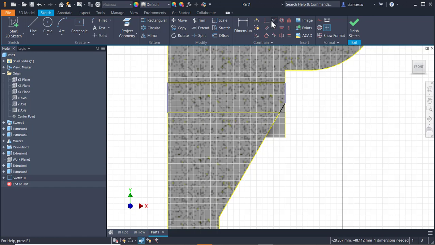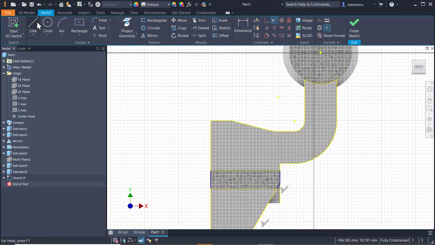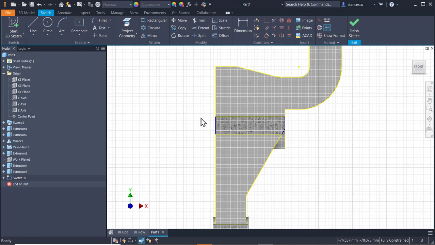I apply collinearity between these two, and I draw a line here, and this is to be construction. Good. This is a closed area.